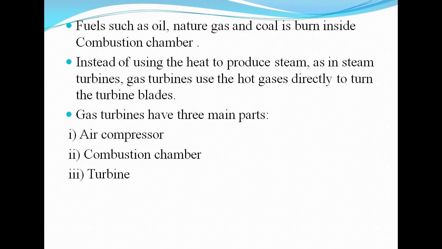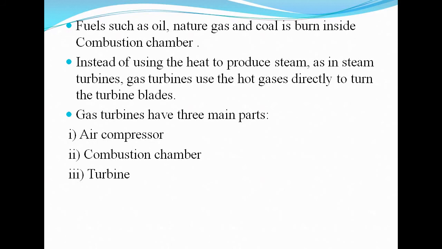Then fuel such as oil, natural gas and coal is burned inside the combustion chamber. So instead of using the heat to produce steam as in steam turbines, gas turbines use the hot gases directly to turn the turbine blades.